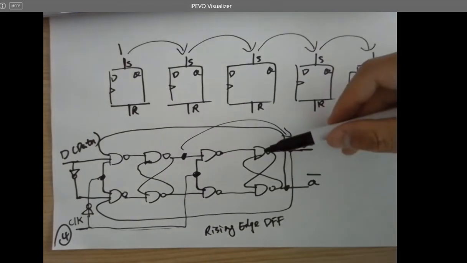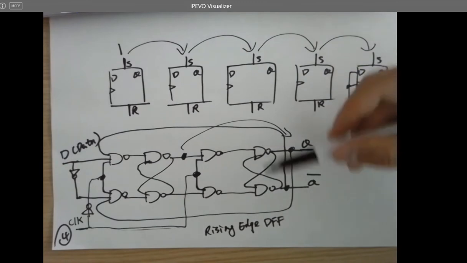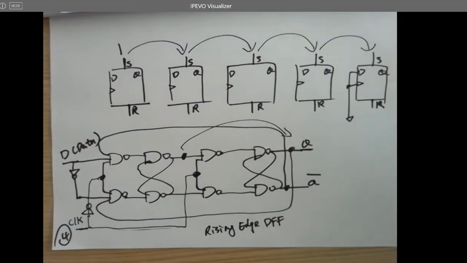What are the gates? NAND gates. So what's going to kill the NAND gates? If you give a 1 to the NAND gate, it won't affect it, right? So we need a 0, because 0 and everything will be 0, and being inverted, it's going to be 1.